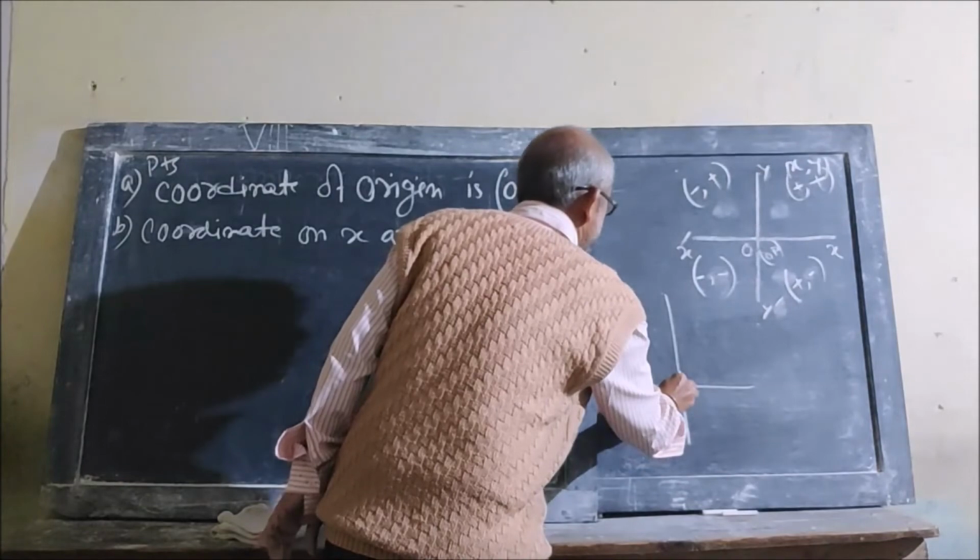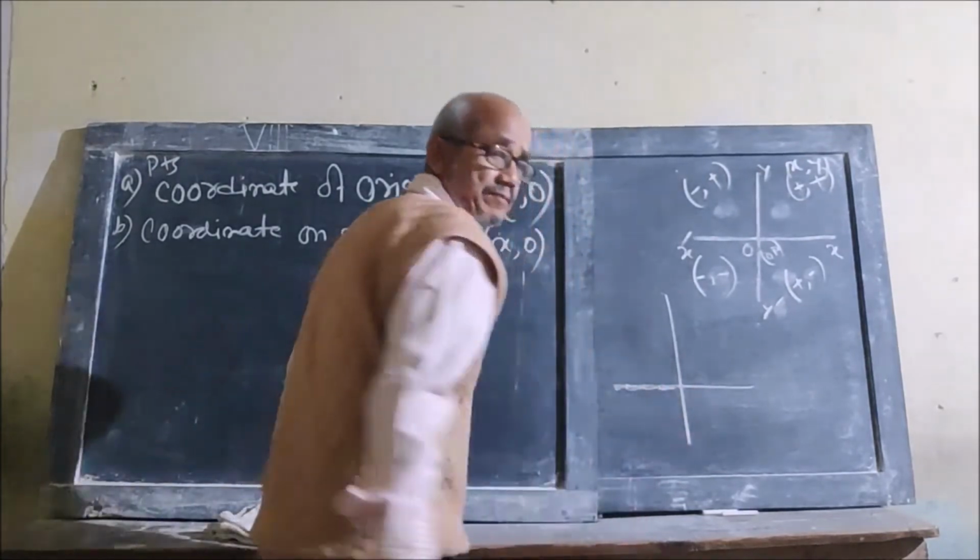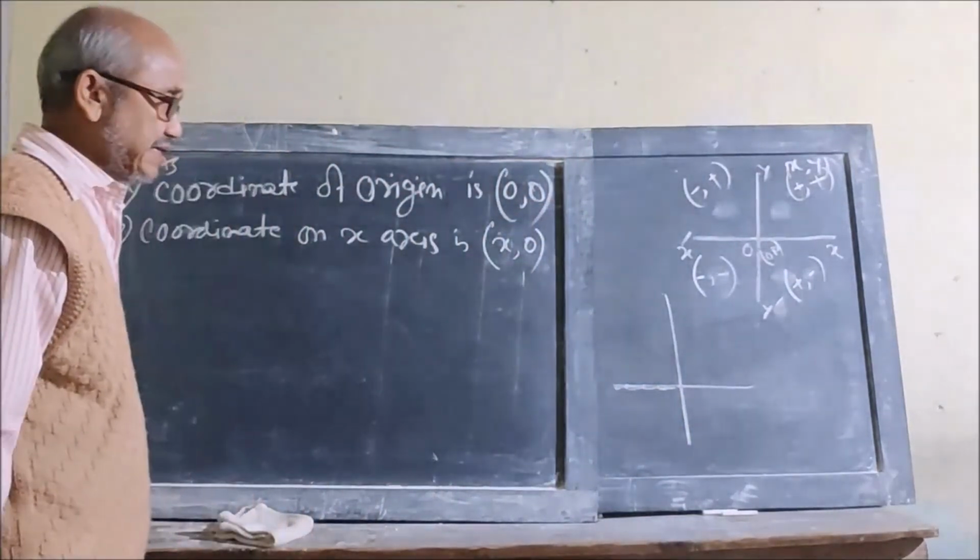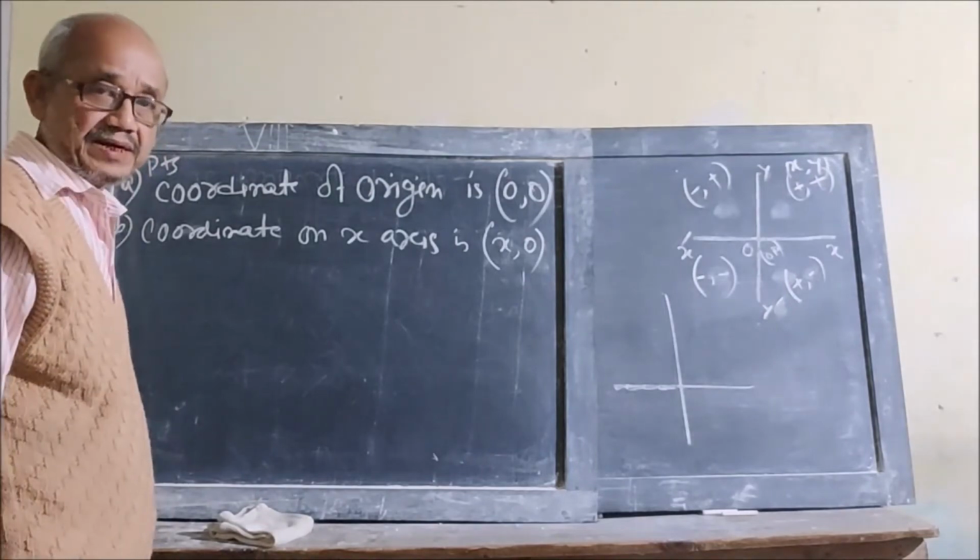Any point on the x-axis has x present but y absent.